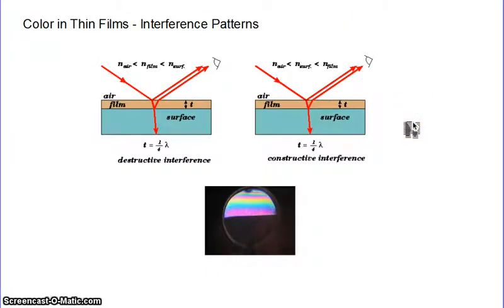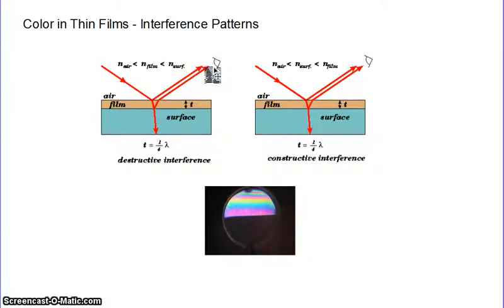We can get colors for other reasons, and one of the other things we'll look at in physics class is colors from interference patterns on thin films. Light comes in on a film, and some of the light reflects off the surface of the film, and some refracts into the film and then reflects back off the back side and comes back out again.